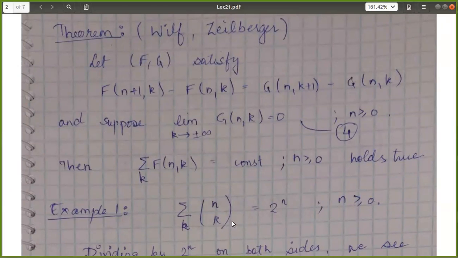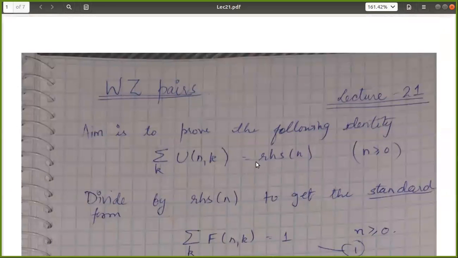So then what would you have your f of n k to be? F of n, k is n choose k. So the sum over all k's.